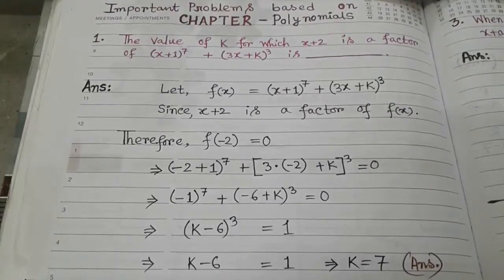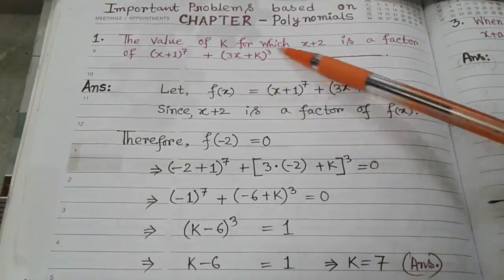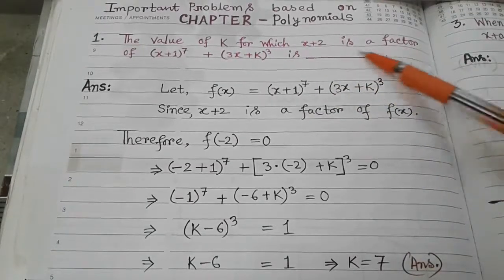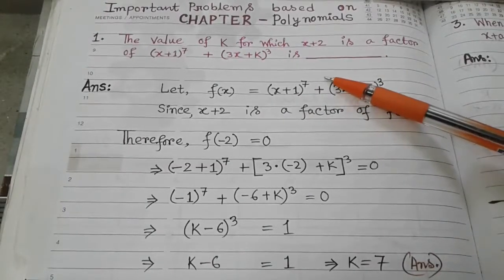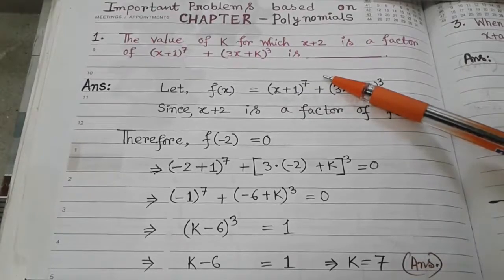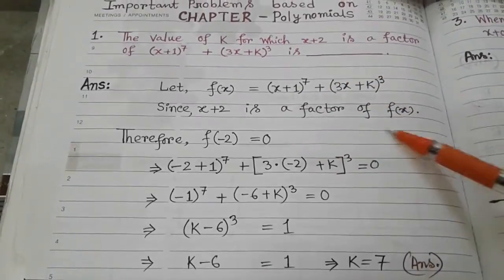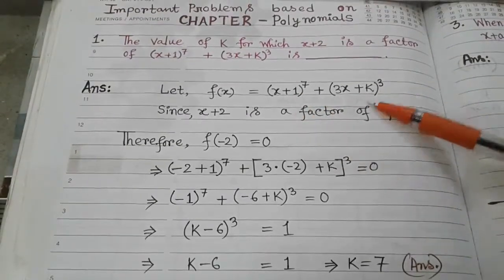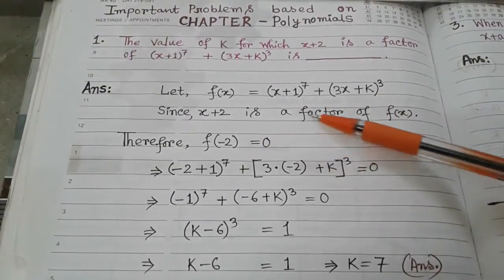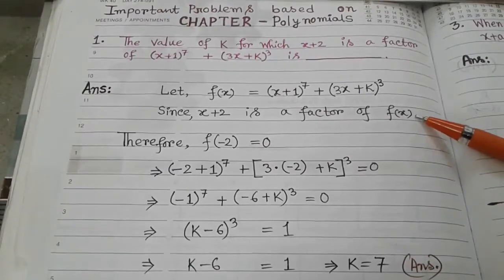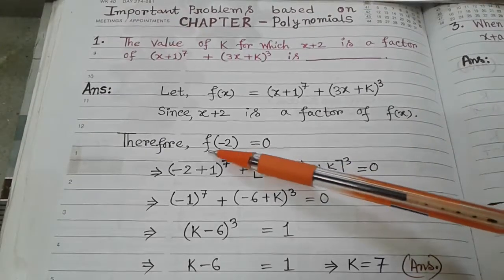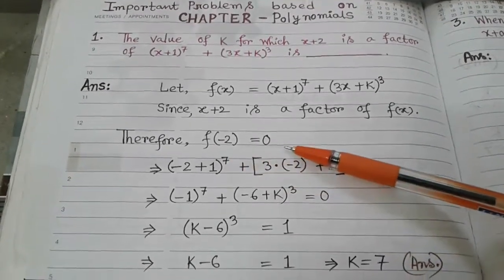The first problem. The value of k for which x plus 2 is a factor of (x plus 1) to the power 7 plus (3x plus k) to the power 3 is dash. Let f of x equal to the polynomial, and since x plus 2 is a factor of f of x, then we have f of minus 2 is equal to 0.